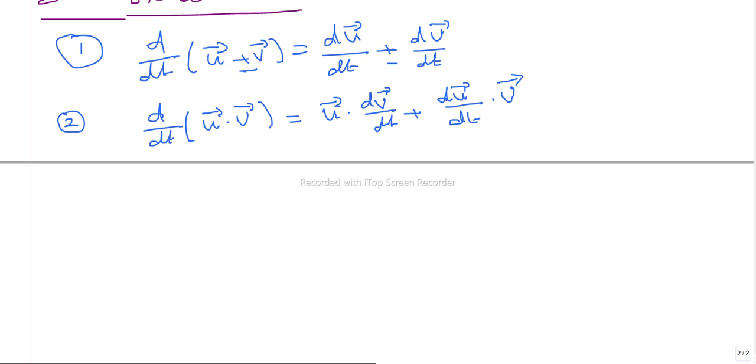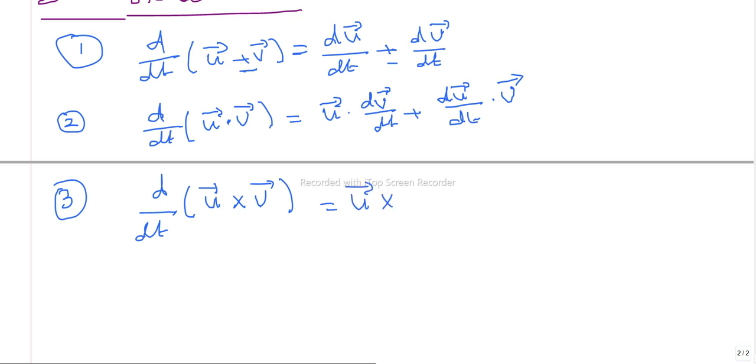Now the third one. In vectors we can take the sum of two vectors, and we can take the product of two vectors, that is the dot product. The third is the cross product of two vectors, which is also defined. So what is the derivative of the cross product, or vector product? You fix the first vector, cross, differentiate the second vector, plus differentiate the first vector with respect to t, cross v vector.